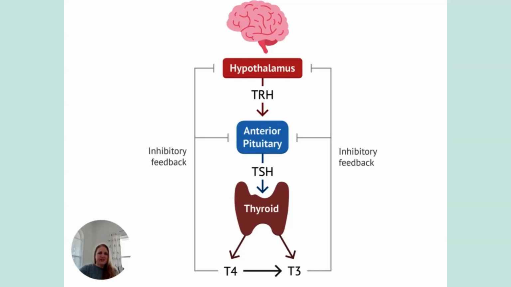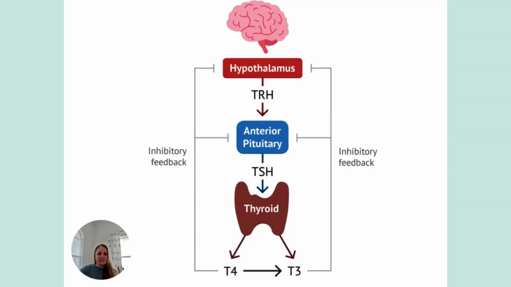The TSH tells your thyroid, hey, you need to make some thyroid hormone. The thyroid makes mostly T4. It does make a little bit of T3. T4 can be converted into T3, mostly in your liver and your gut. And then there is what is called a negative feedback loop, an inhibitory feedback loop.